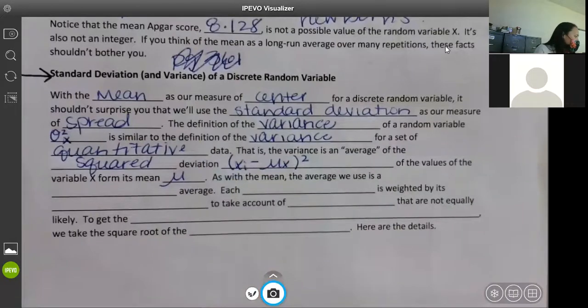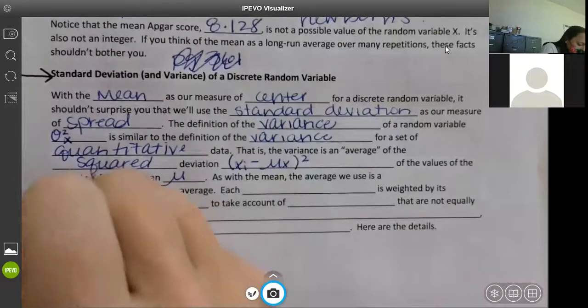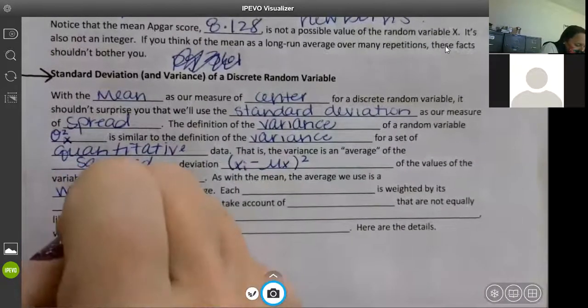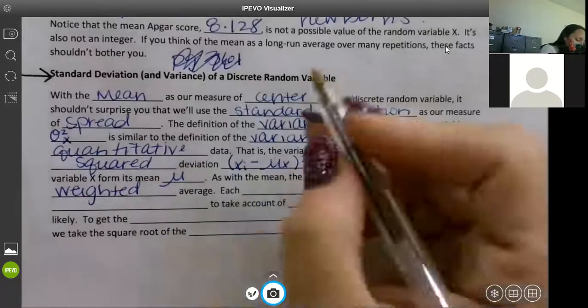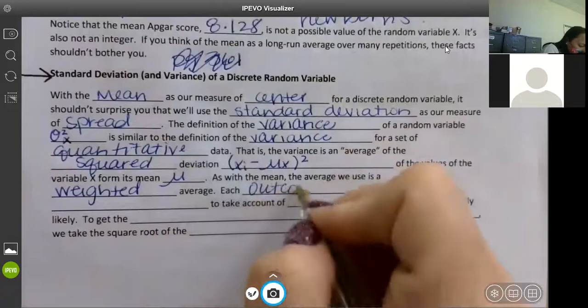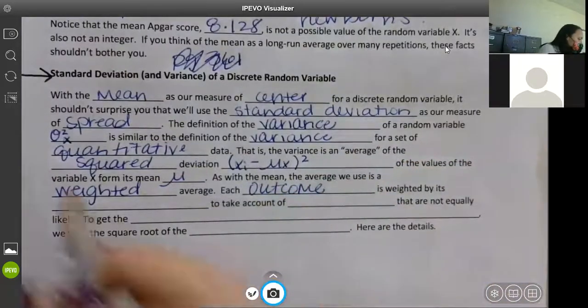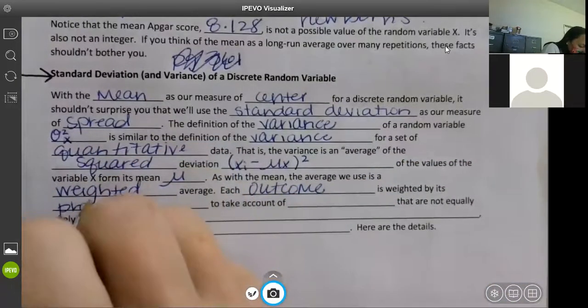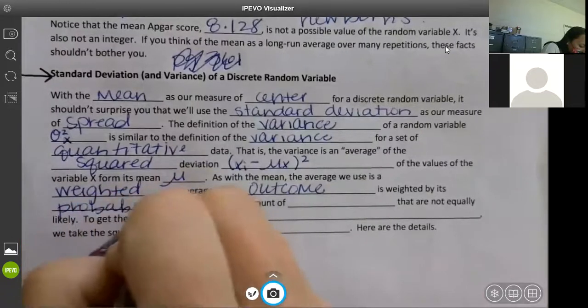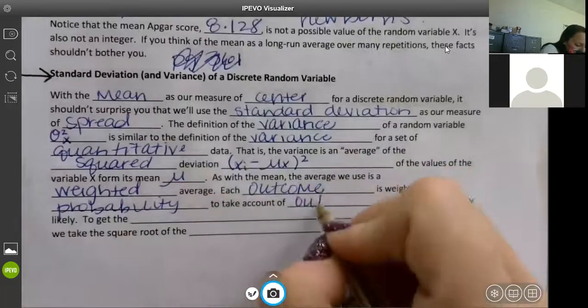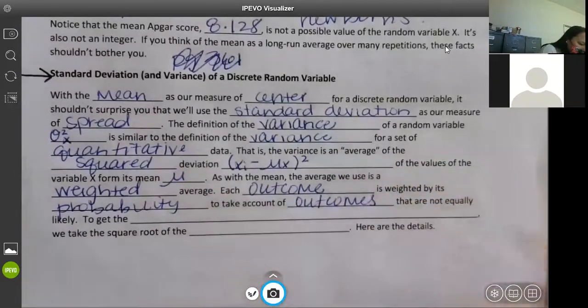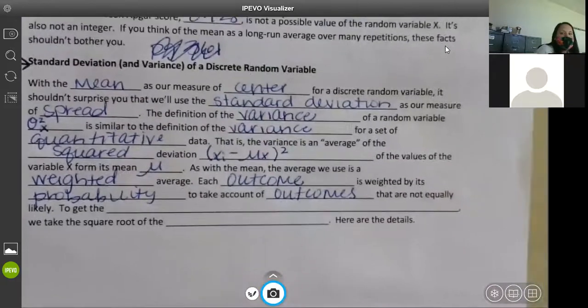As with the mean, the average we use is a weighted average. So that's the difference now. Before, we just had the one line in the chart that we put in. Now we're going to have a weighted average. That means everything has different percentages. Each outcome is weighted by its probability, to take account of outcomes that are not equally likely.